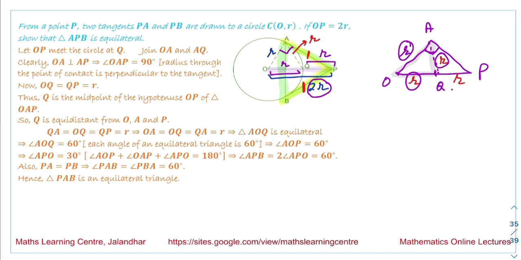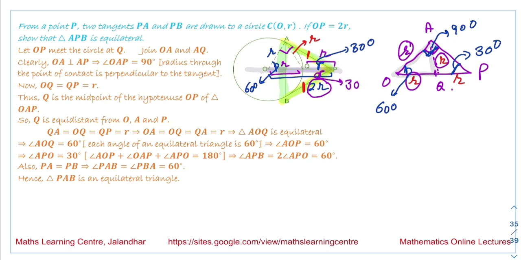So we get that angle AOP, this angle over here, measures 60 degrees. Now angle APO: the angle at A measures 90 degrees, and this angle measures 60 degrees, so the angle at P measures 30 degrees. We know that OP is the bisector of the angle at P, so the remaining angle at P is also 30 degrees.